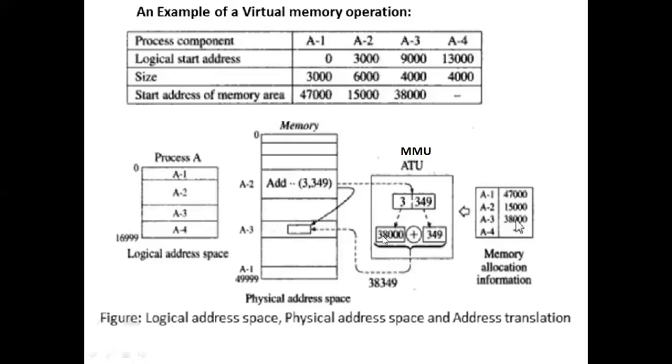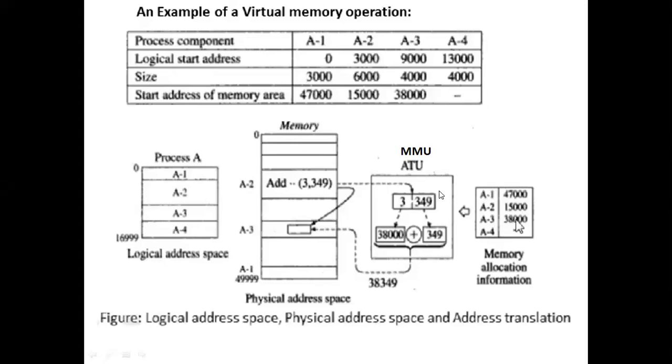So the starting address of component A3, 38,000, is added with the offset 349, and hence I can obtain the actual physical address in the main memory. The same thing is shown here.